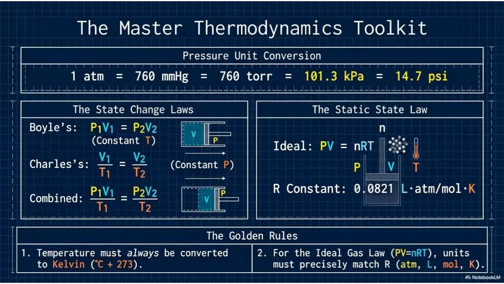And then we have one-state condition problems, which is your ideal gas law. Don't forget the R constant is 0.0821 liter atmospheres per mole Kelvin. And do not forget, temperature has to be in kelvins. And if you're using the ideal gas law, pressure, temperature, and volume need to have the units of the constant.